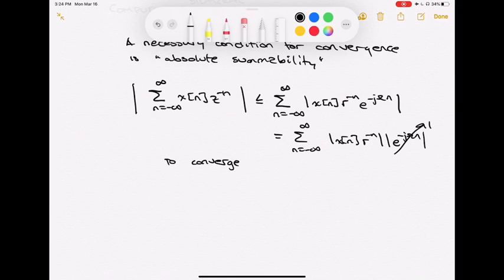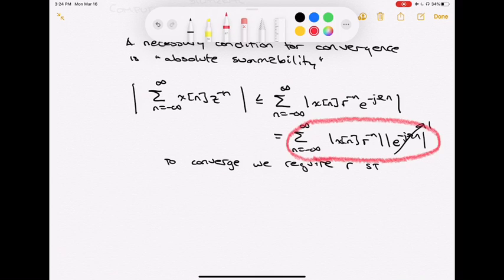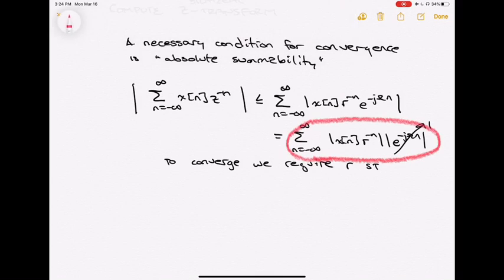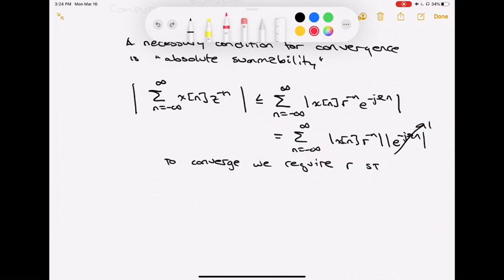To converge, we require an r such that this whole thing ends up being a finite number. So we need this whole thing to be less than infinity.